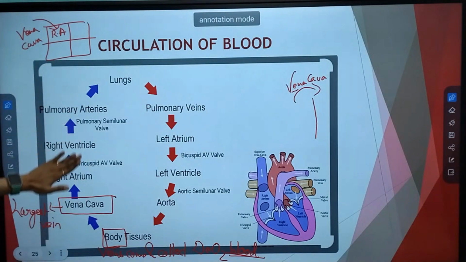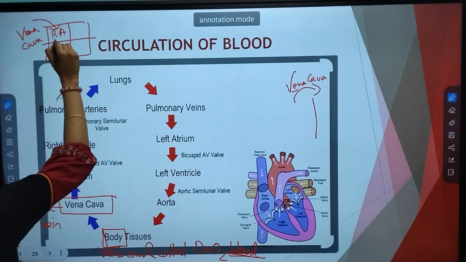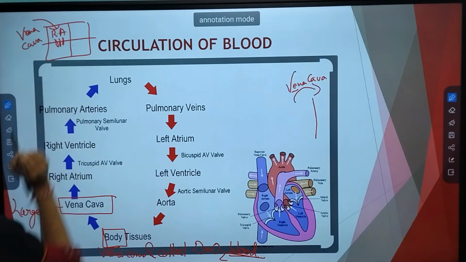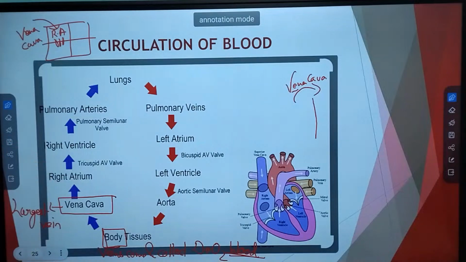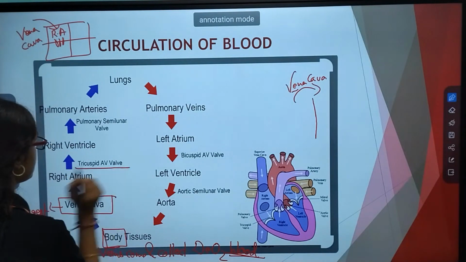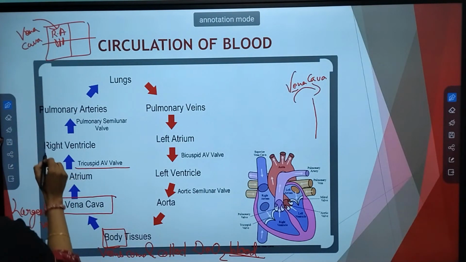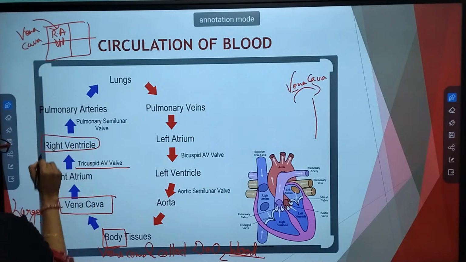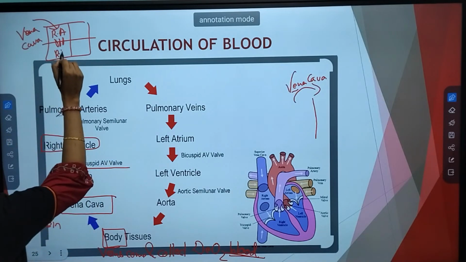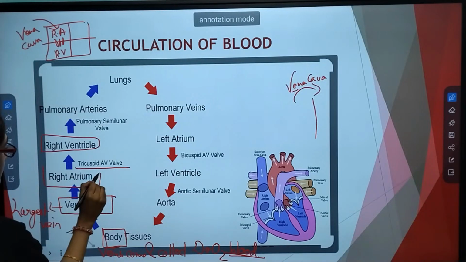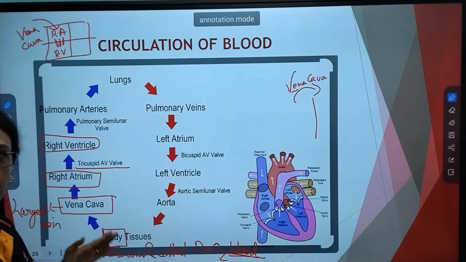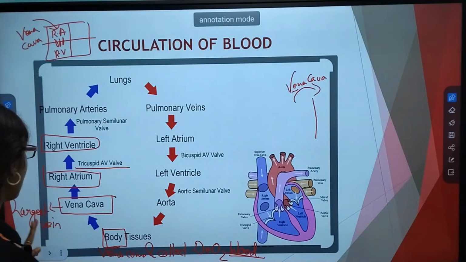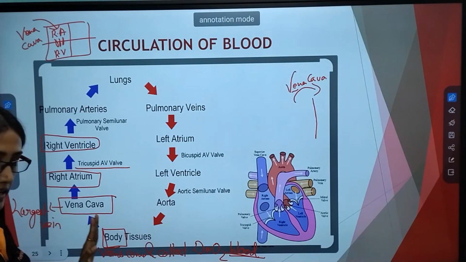So from the right atrium, via these three roads, what is the name of the three roads? The name is tricuspid valve. It goes to the right ventricle. Firstly from the body via veins to the largest vein, the vena cava.